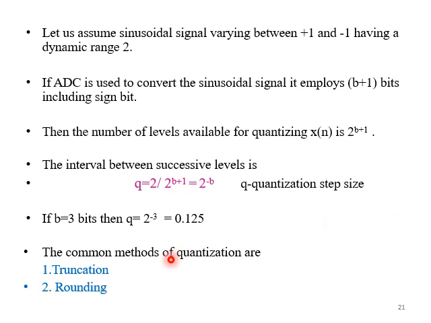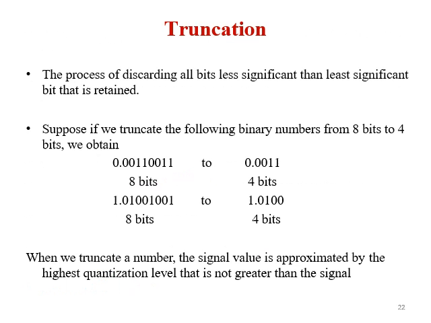There are two methods of quantization, which we have seen in the introduction itself: truncation and rounding. Truncation is the process of discarding all bits less significant than the least significant bit that is retained.